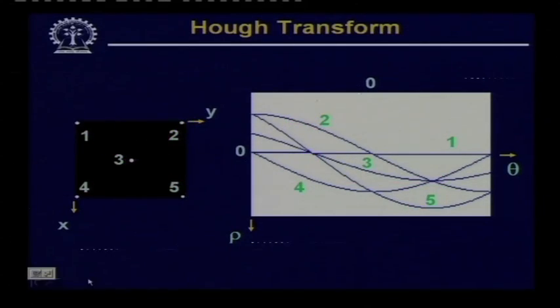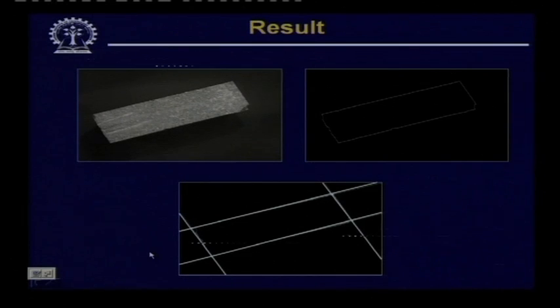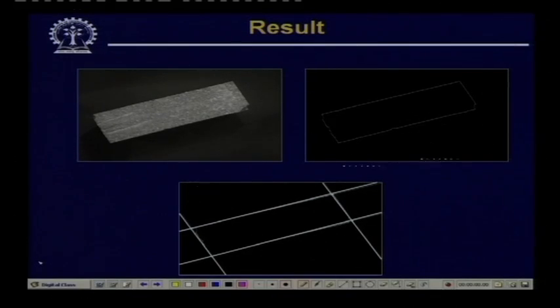By applying this, you find that in one of our previous classes we had shown this image, and after the edge detection operation, what we get is the edge points as given on the right hand side. Now, if I apply the Hough transformation and try to detect the 4 most significant straight lines, I find these 4 straight lines which are most significant, and the boundary is specified by these 4 straight lines.